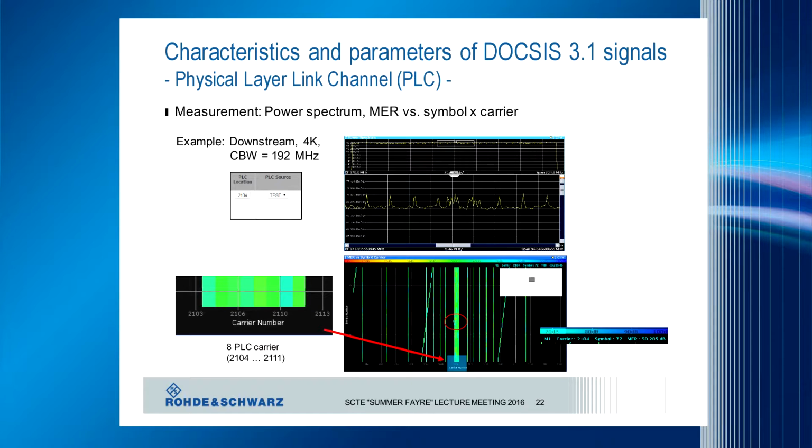You can see the carrier numbers here, and based on the generator, the PLC information is located at carrier 2104, which is also indicated by a marker placed here. It's not so clear, but here you can see it. And here you can see the group of the 8 PLC carriers according to the 4K mode. And here is the number of continual pilots which protect the PLC information.